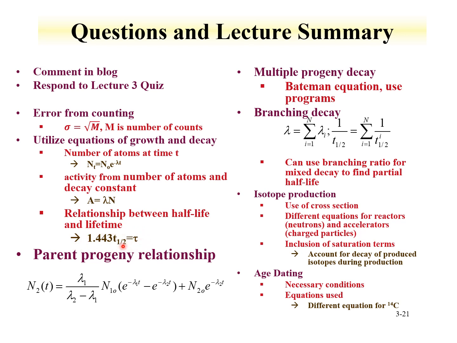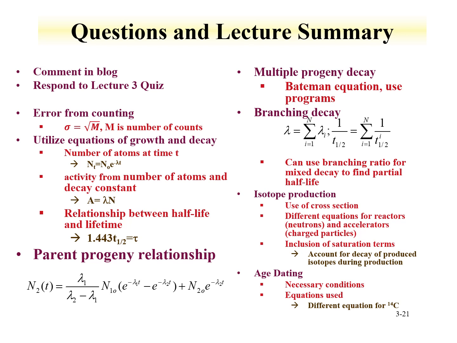You should be able to calculate parent-progeny relationships. The full equation for the parent-progeny relationship is provided here, where the progeny atoms at a given time are a function of the amount of initial parent and any initial progeny present.